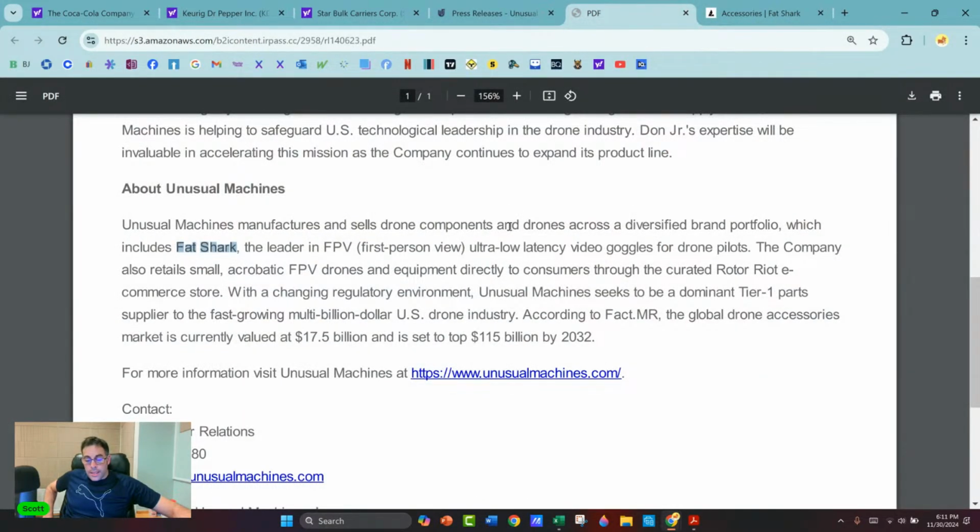Maybe they sell parts to Fat Shark. Maybe there's some part of the drone that this company specializes in, and they sell that part to Fat Shark. The company also retails acrobatic FPV drones. So they retail to consumers through the Rotor Riot e-commerce store.